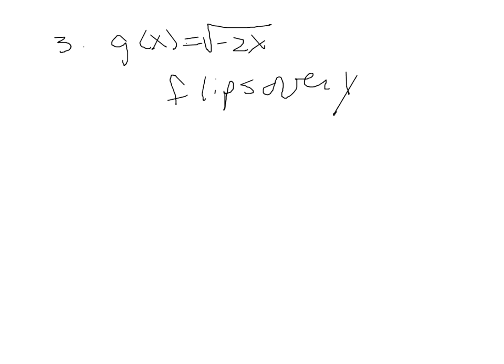And the third example, g of x equals the square root of minus 2x. The minus flips it over the y-axis, and the 2 is a horizontal stretch.